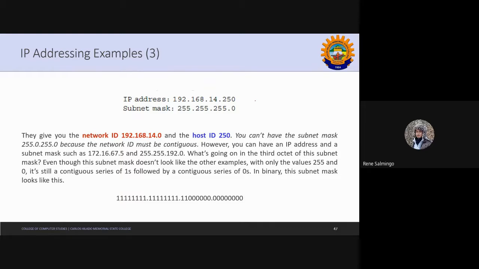So we use Class C addressing most of the time, and the network ID is identified on the first 3 octets. So how many bits if we consider the 3 octets? This is 8 bits, and this one is another 8. Overall you have 24 bits.